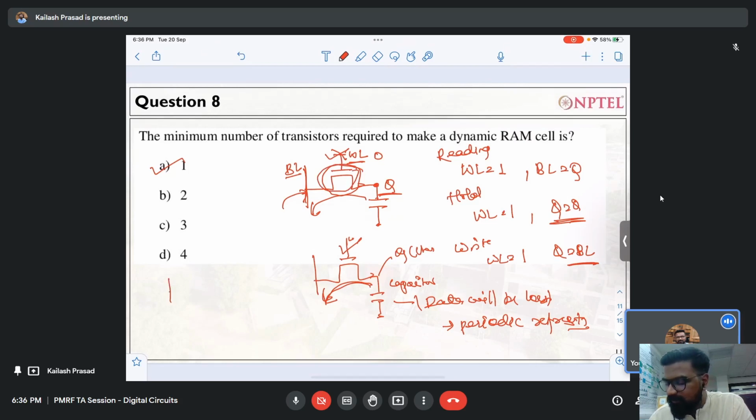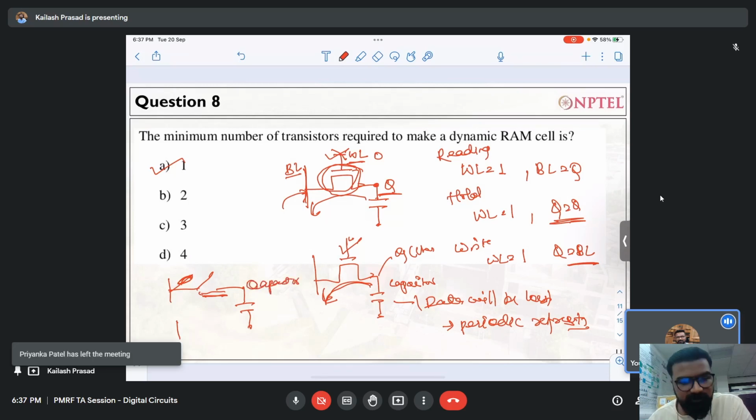It should be like this when it is off. However, for this transistor there is still some very small current which flows through this path, and because of that the capacitor actually discharges.